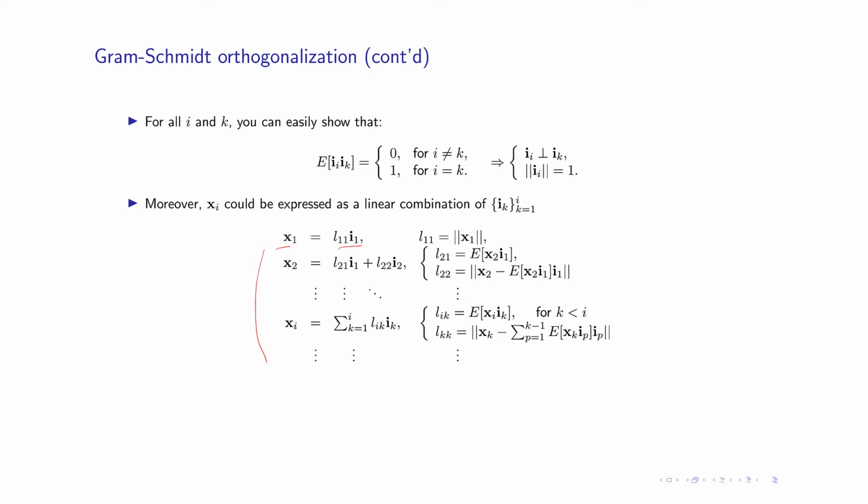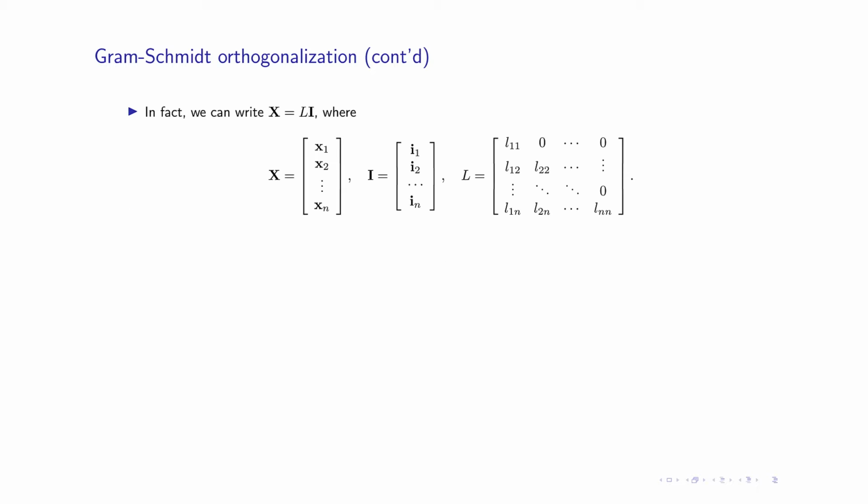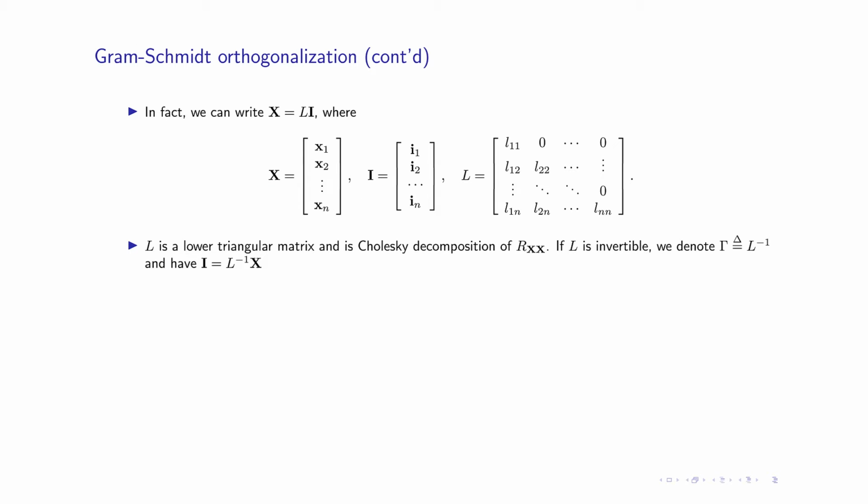If you write this in matrix form, you have the input vector x and the innovation or output vector I, and obviously x is equal to L times I. So I is equal to L inverse times x, and this is your Gram-Schmidt orthogonalization matrix, and remember that L is a lower triangular matrix.